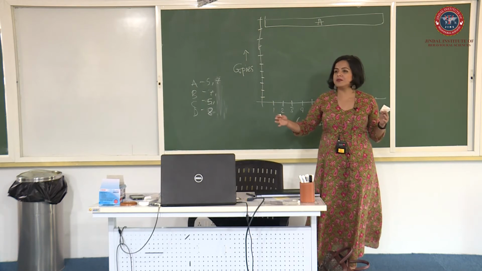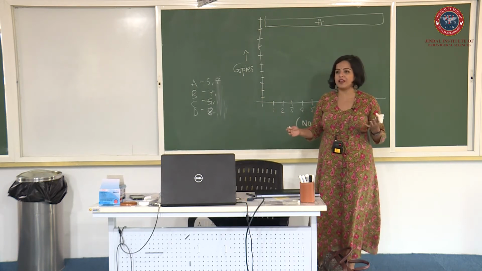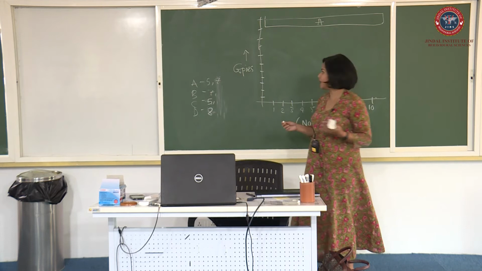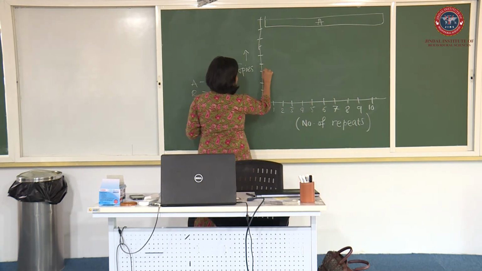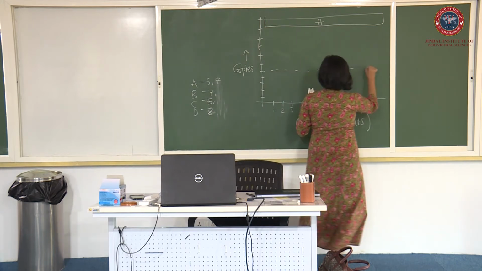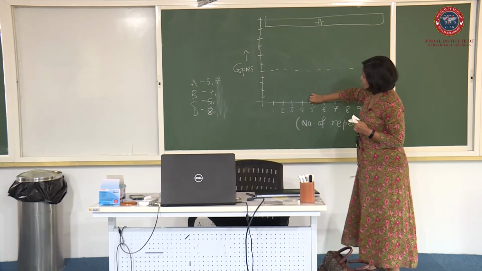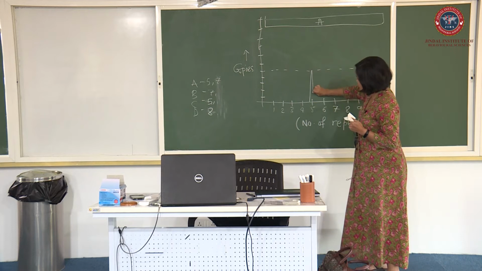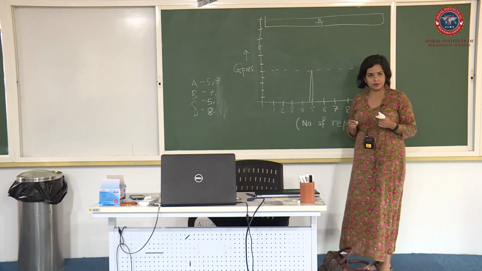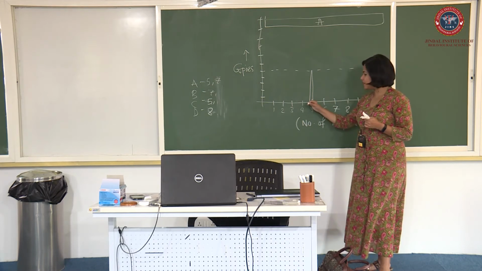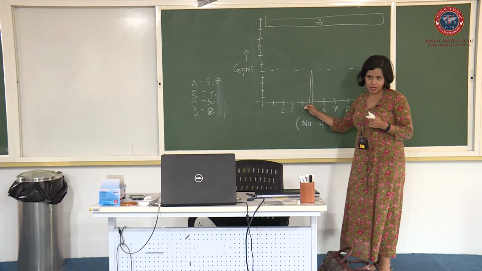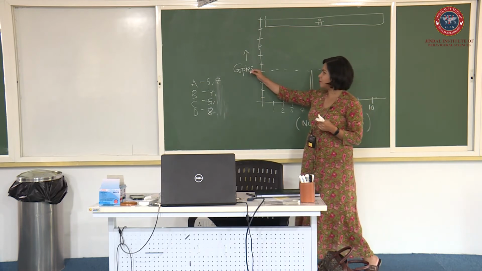But for more simplification, let's say I was looking at 5. Okay? So the graph appears like this. Is that clear? This means that the number she has is 5 and about 500 copies are present.